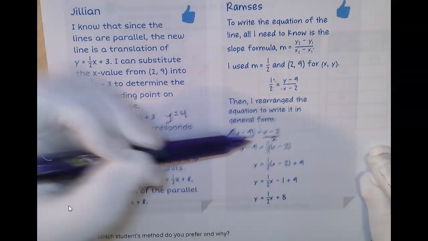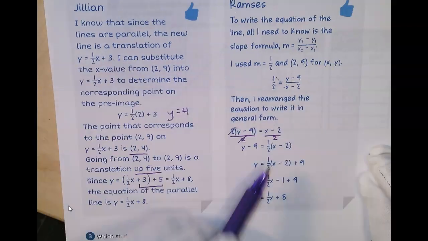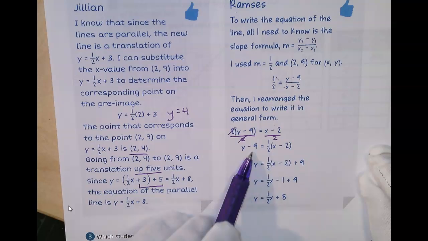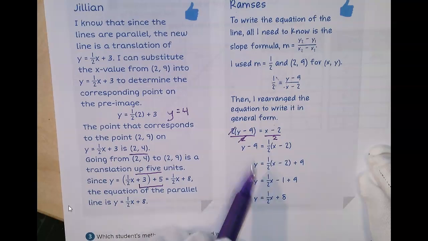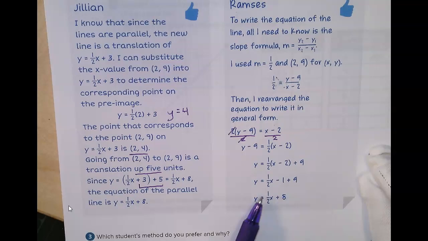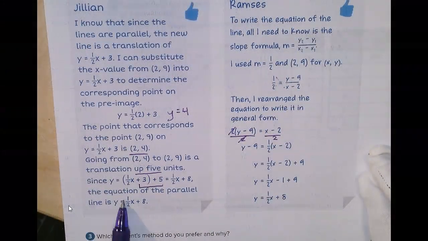So here's the 1/2, and then here's the x minus 2. And then he added 9 onto both sides to get the y by itself. And then distributed, and then simplified. See, the -1 plus 9 equals 8. All right, so they both got the same answer.